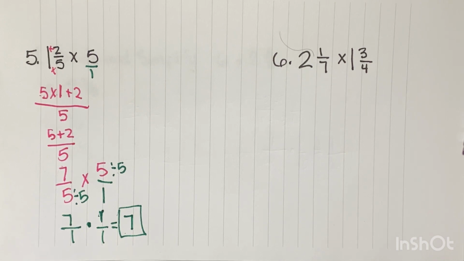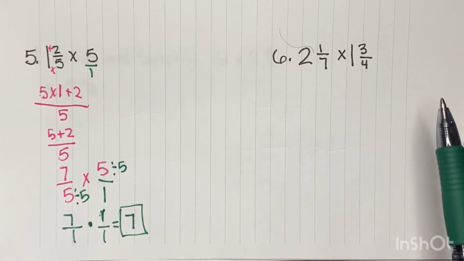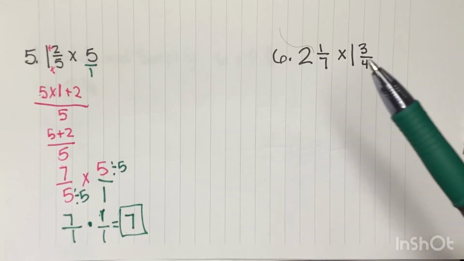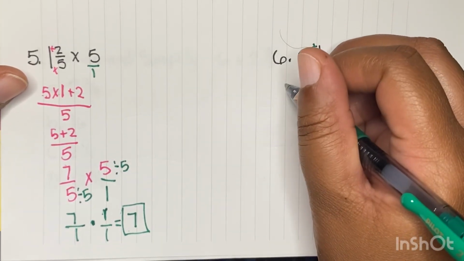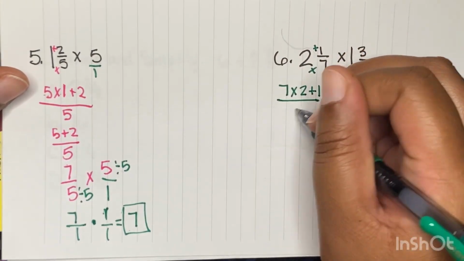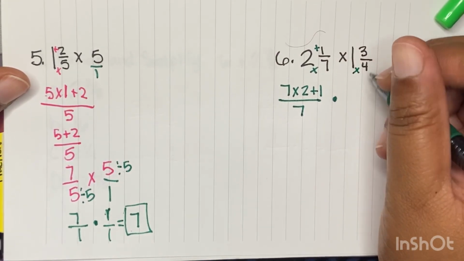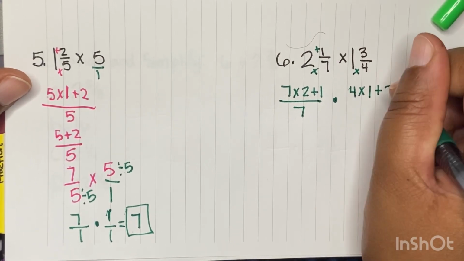Alrighty, so let's do number 6. Okay, we have 2 1/7 times 1 3/4. So again, we're going to change this to an improper fraction. So we're going to do times, then add. So 7 times 2 plus 1 over 7 times, okay, 4 times 1 plus 3.